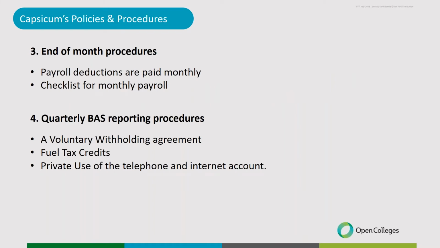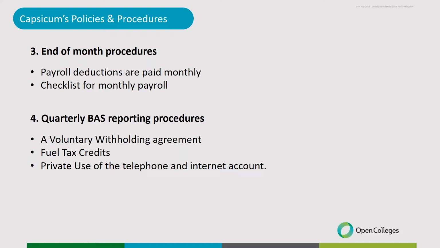Number 3, policies, end of month procedures. Because Capsicum is paying and lodging their pay-as-you-go withholding on a monthly basis, they will have to pay deductions, pay-as-you-go payable and superannuation payable on a monthly basis as well.